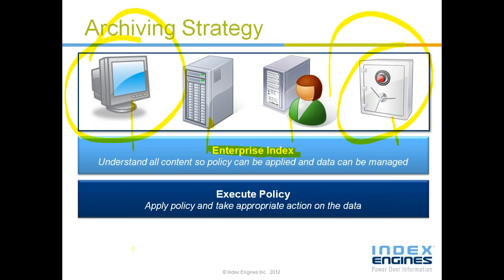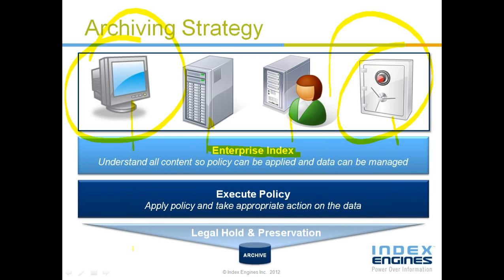It's an actionable index that allows you to apply the policy and take appropriate action and really filter it down to what needs to be legally held and preserved and archived for a specific period of time. So it's really going through that typical funnel of everything that's on the current production networks and even in the legacy archives to what really needs to be held and preserved. And your legal and compliance teams are very familiar with that.